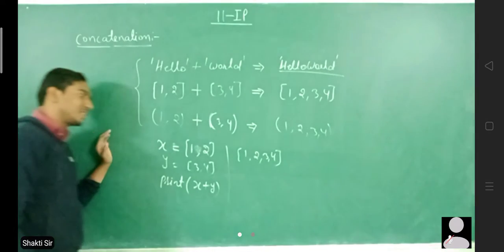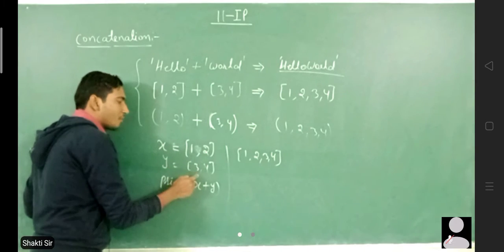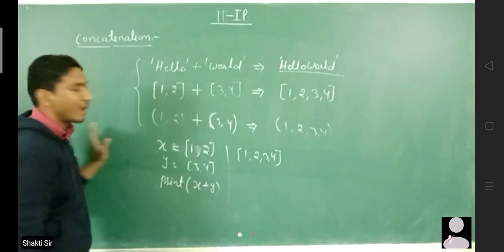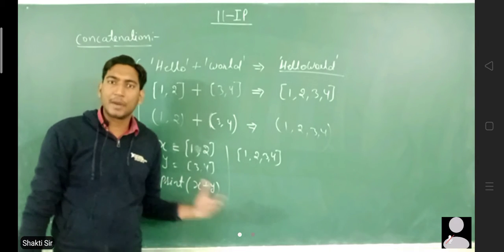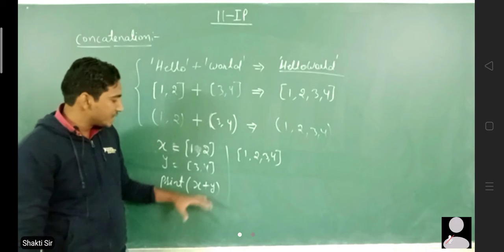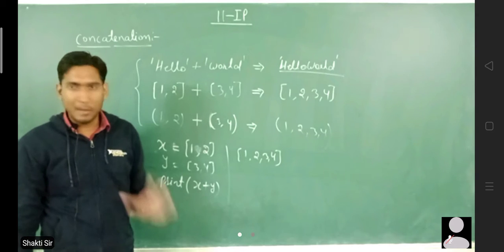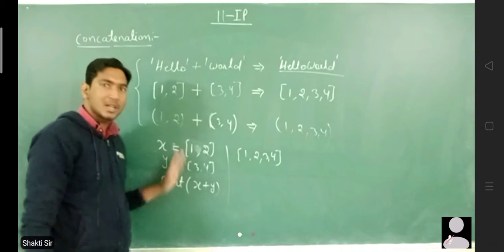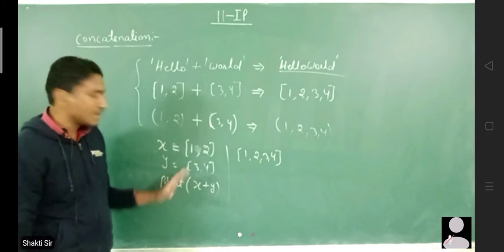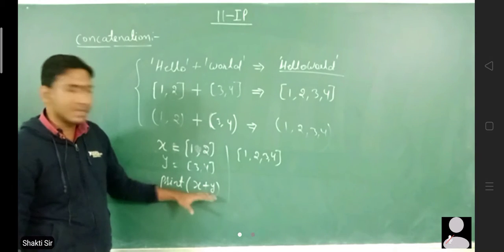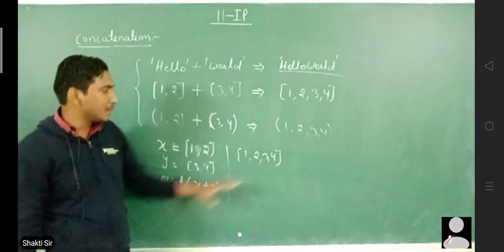But still the value of x will be 1 comma 2 and the value of y will be 3 comma 4. Still the values of x and y will not be changed. This x plus y will be stored in a separate place inside the memory. These original x and y are not changed. A new place inside memory is created and on that place this is stored.